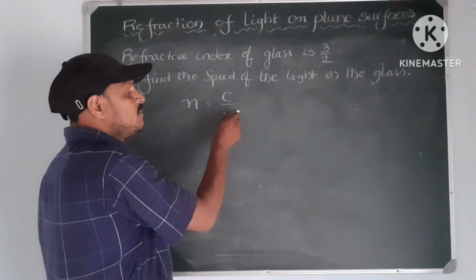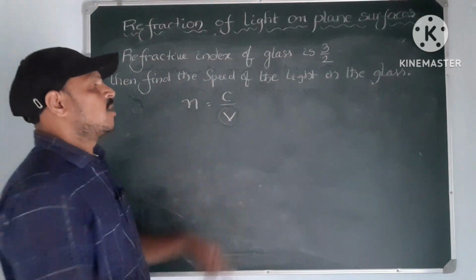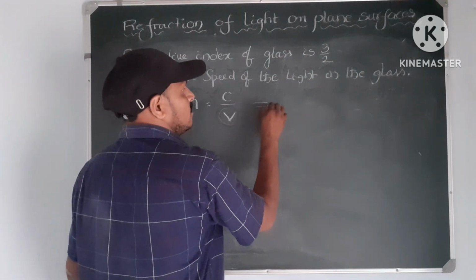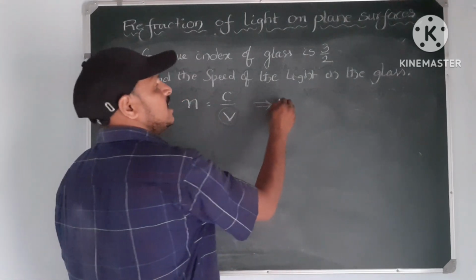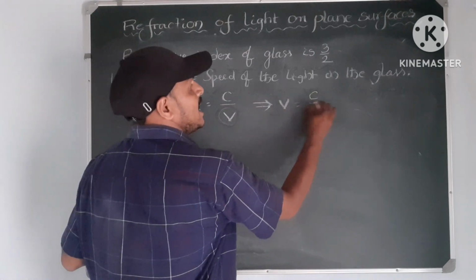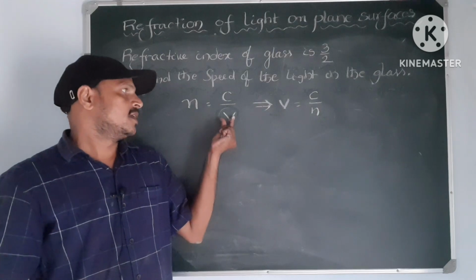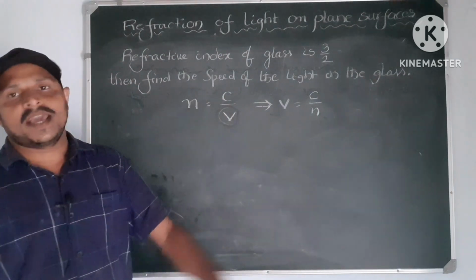So the speed of light in the given medium, from this formula, we can write v is equal to c by n. So v is equal to c by n.